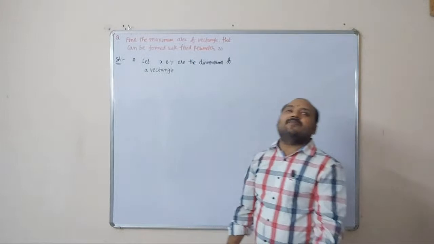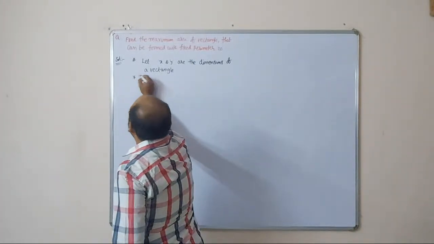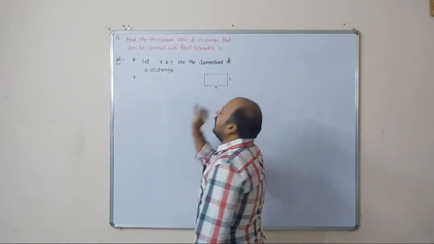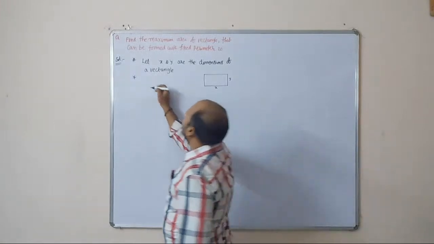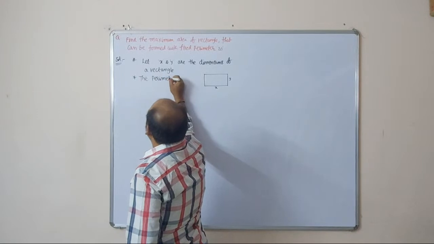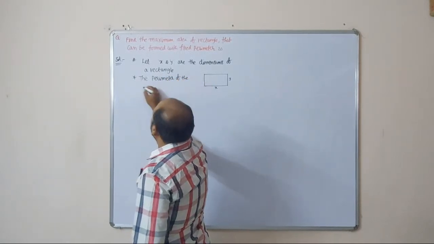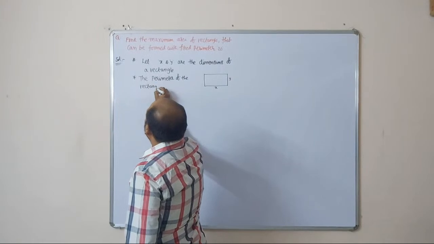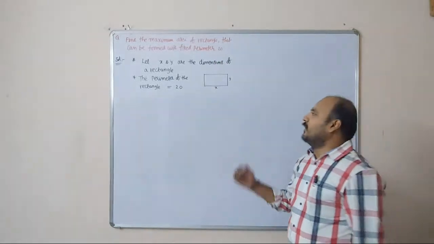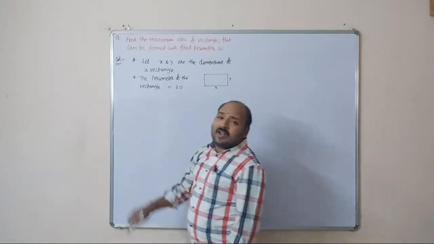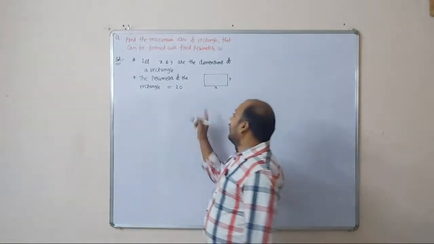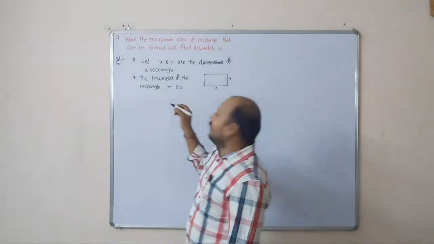What is the perimeter of the rectangle? This is the rectangle, this is the breadth, this is the length. The perimeter of the rectangle is equal to how much is given? 20. The formula for the perimeter of the rectangle is 2 times of L plus B. In place of L, x, in place of B, y.